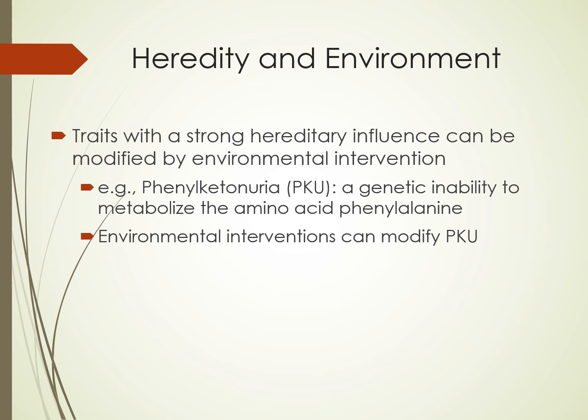I know I read one of the student papers on this with, I think it was sickle cell anemia, but I'm going to give the example of phenylketonuria. So this is one of those where there's a dominant and a recessive gene, and I need to have the 2 recessive genes to have PKU, phenylketonuria, which is the inability to metabolize the amino acid phenylalanine.